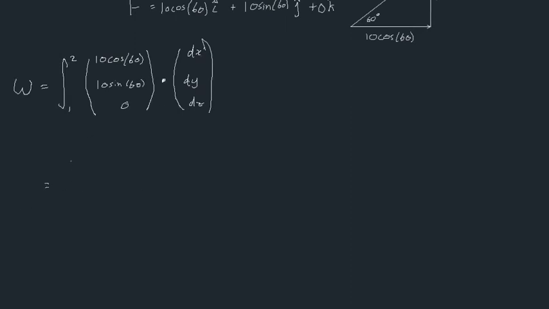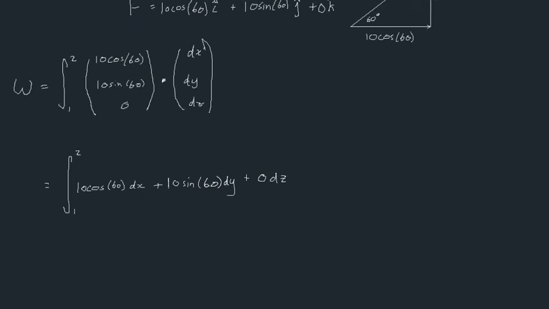That'll be equal to the integral of 10 cos 60 dx plus 10 sine 60 dy plus 0 times dz. Alright, and this is still from state 1 to state 2.